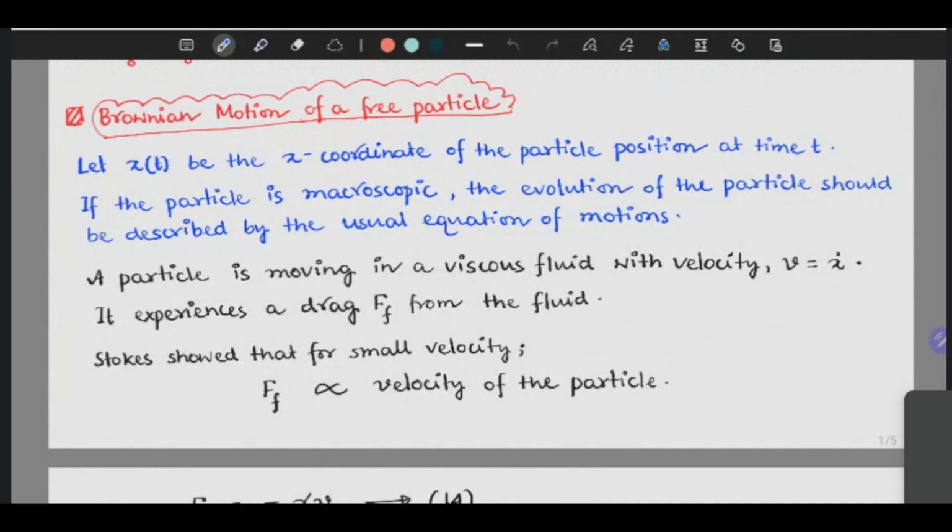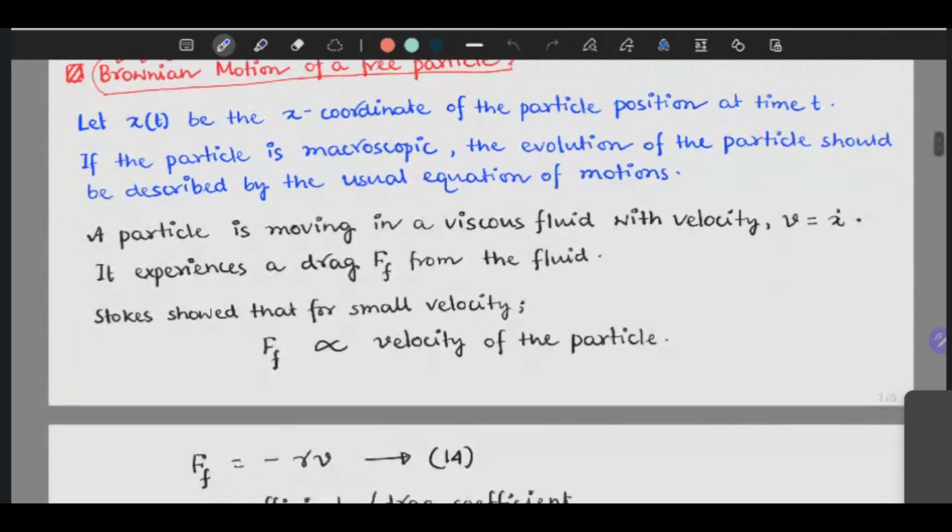And then we tried to see how the Brownian motion of a free particle can be predicted. To do that, the first thing we need to consider is that when a particle is suspended in a fluid, there is some Stokes drag, which is a resistive force, and that Stokes drag is proportional to the velocity of the particle.